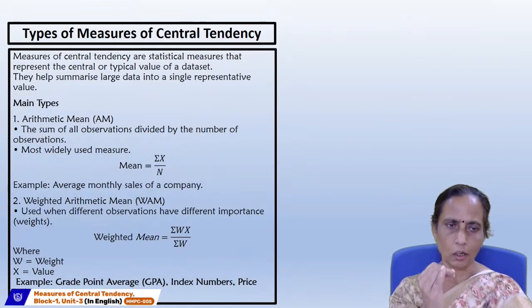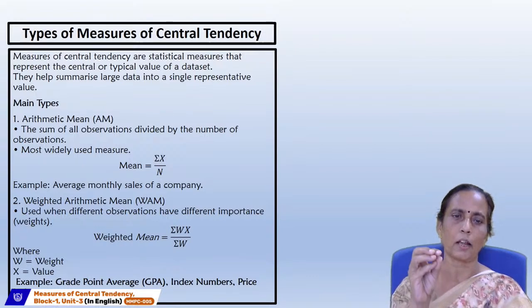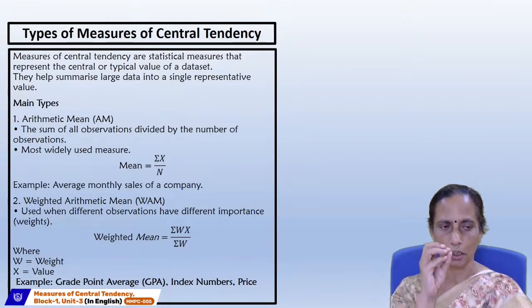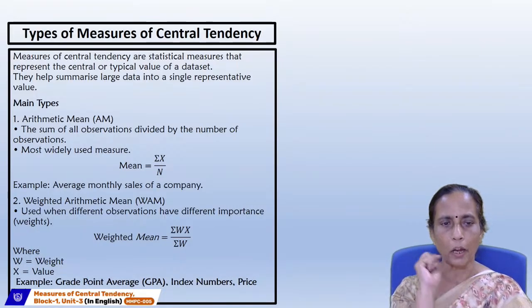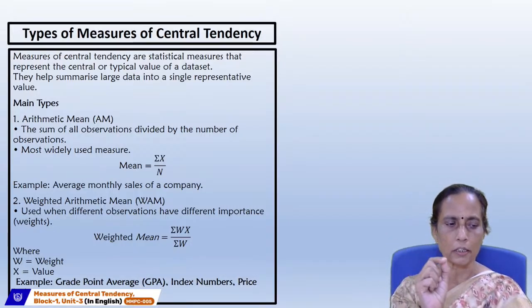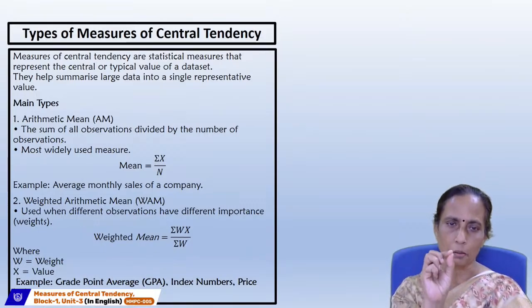I am sure that every one of you is aware that the arithmetic mean is calculated as the sum of all observations divided by the number of observations. This is the most widely used measure, and mean is equal to summation x by n, that big sigma we read as summation, wherein x is the value of that specific observation.